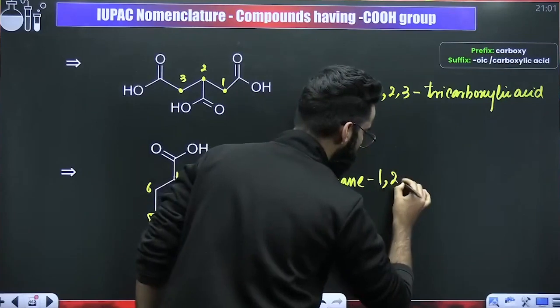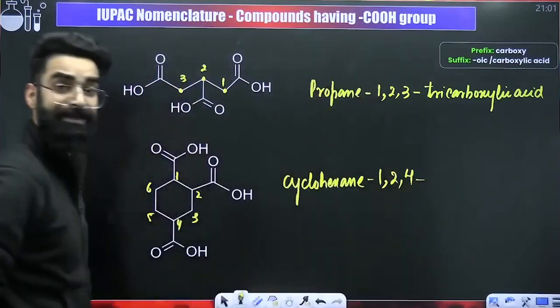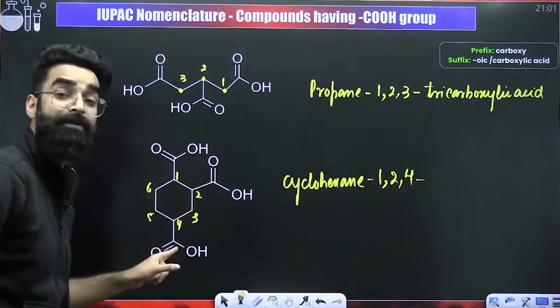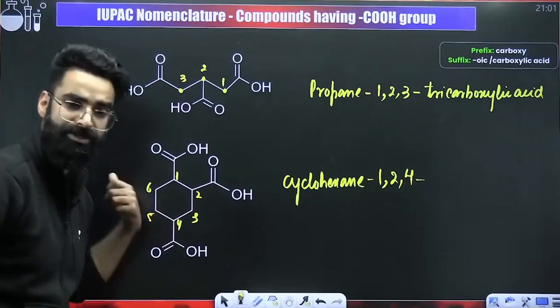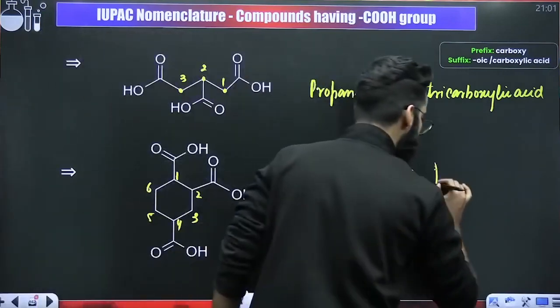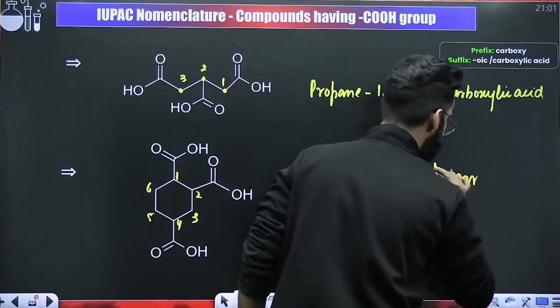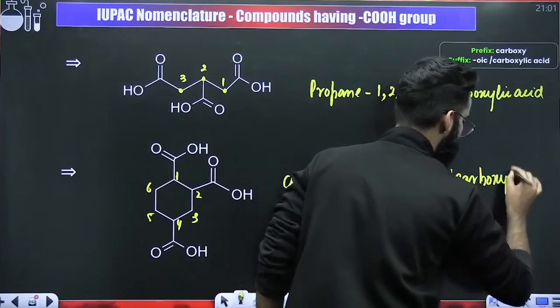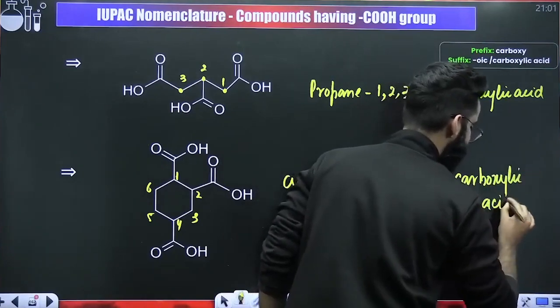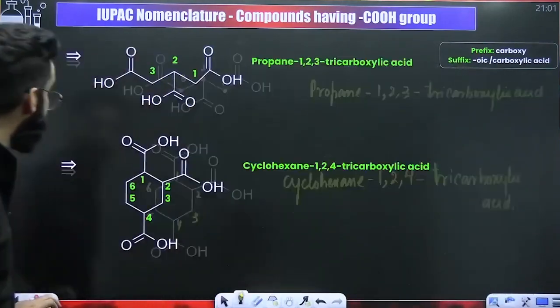Since none of the carbon of the carboxylic acid is the part of the main chain, it's going to be 1, 2, 4 and it's going to be tricarboxylic acid.